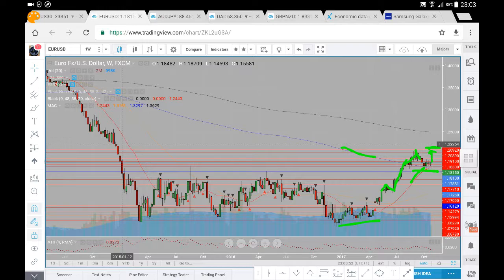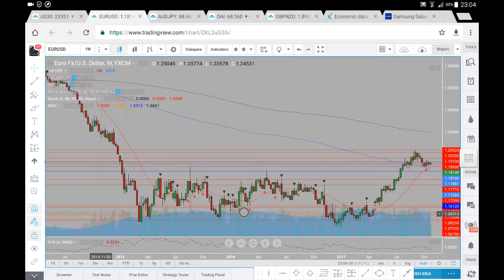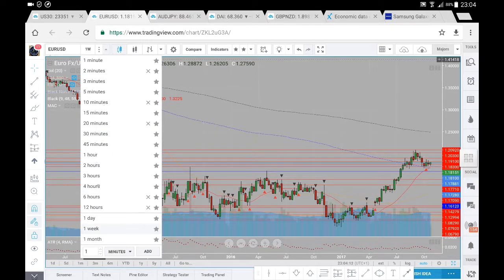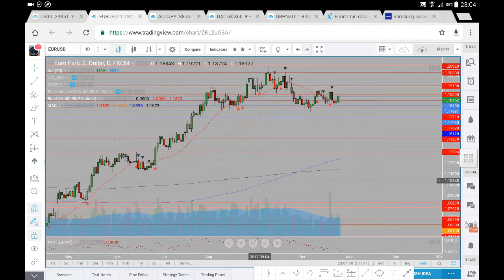If we do go down to the daily time frame, we'll see a continuation of the inverted hammer that we mentioned yesterday. So let's just go down to the daily time frame. For some reason the charts are acting somewhat problematically, so scroll over here.